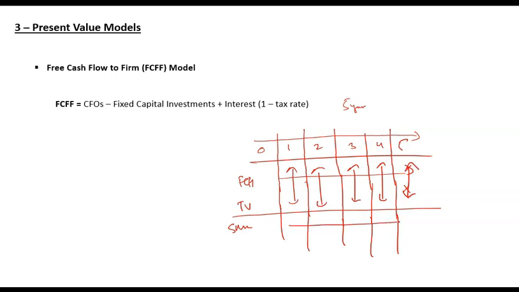This will give you a series of cash flows. Then you apply the present value formula to calculate the present values of all these cash flows, sum them up and calculate the value, right?